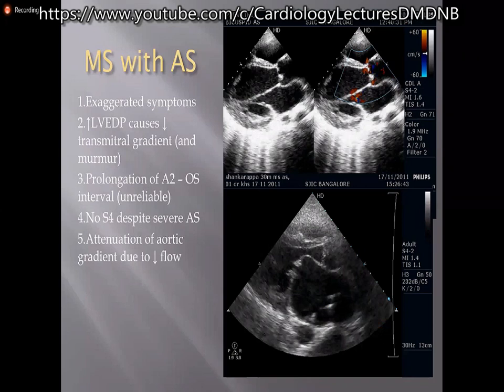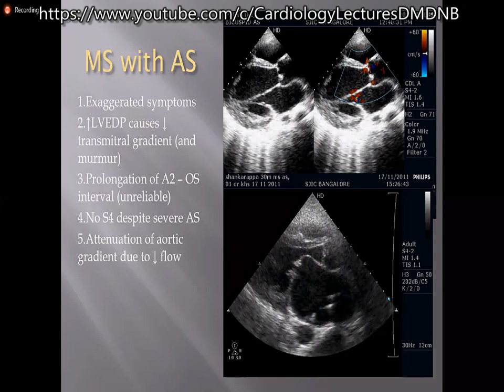Then MS with AS, the clinical findings, again, your symptoms are exaggerated. So in the presence of MS, if the patient has angina or syncope, you always suspect aortic stenosis.